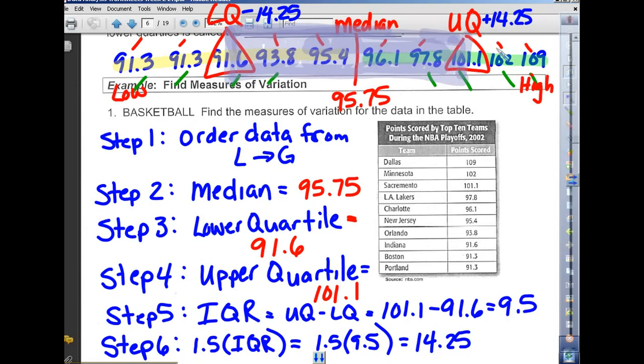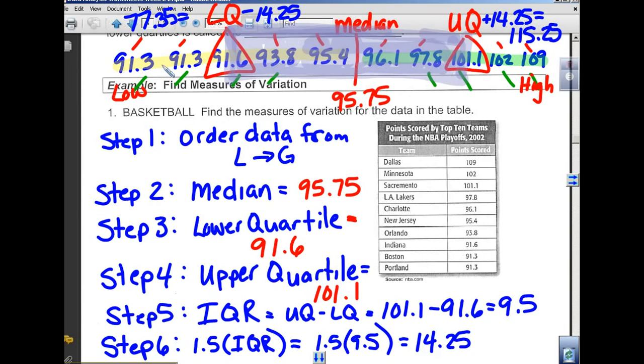Okay, when we do that, when I take this upper quartile and add the 14.25, you get 115.35. When you take your lower quartile and subtract 14.25, you get 77.35.